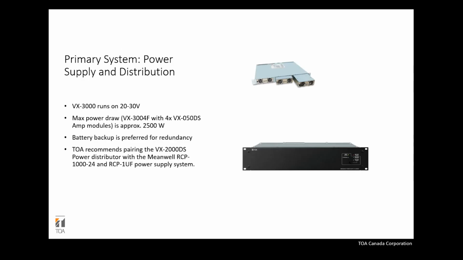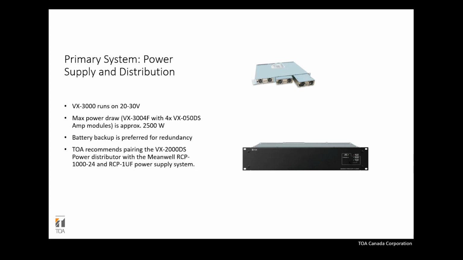The last and I would say the most important part of the VX3000 is, of course, the power. The beauty of the VX3000 is now you have battery backup capability built into the system using the VX3000 DS power distributor, and we recommend the Meanwell RCP1000 system from Meanwell to power the system.